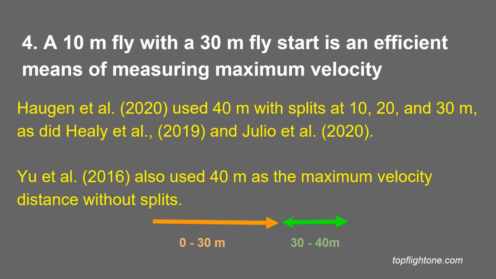However, for developmental athletes, the easiest means of measuring an athlete's maximum velocity is to capture a 10-meter sprint effort and give them a 30-meter fly start. So that's a standing start, you're not doing a 3-point start. They're sprinting and you're only capturing the last 10 meters. And that has been substantiated in multiple studies.